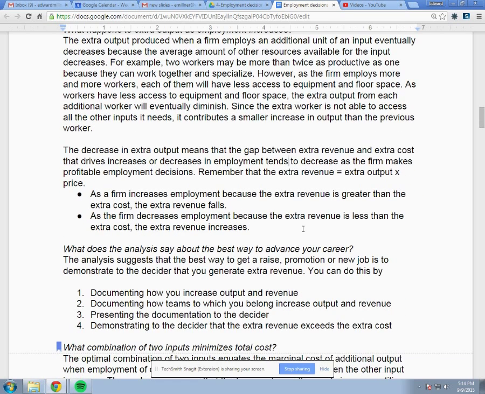As the firm increases employment, because the extra revenue is greater than the extra cost, the extra revenue falls because the extra output is getting smaller and smaller. As the firm decreases employment because extra revenue is less than the extra cost, the extra revenue increases because the extra output tends to get higher and higher. This means that when we start making profitable decisions, we tend to move towards some position that's a maximum, and the reason to increase or decrease employment goes away.